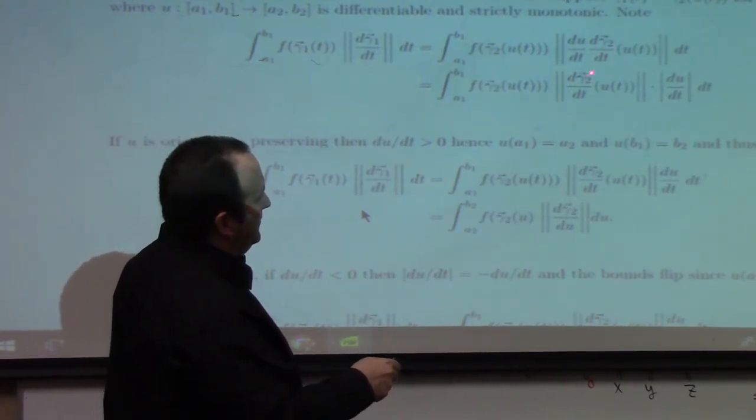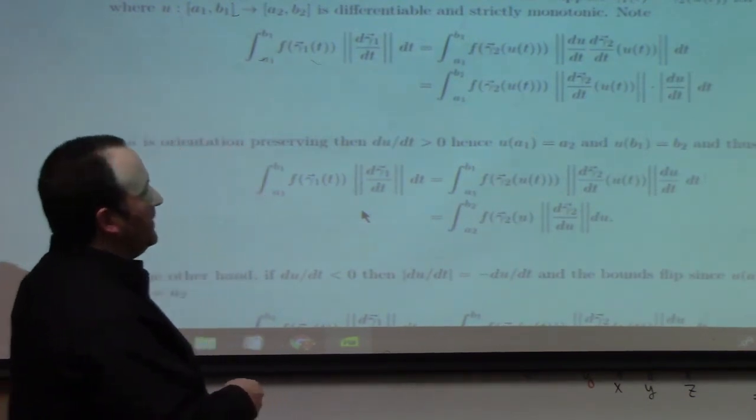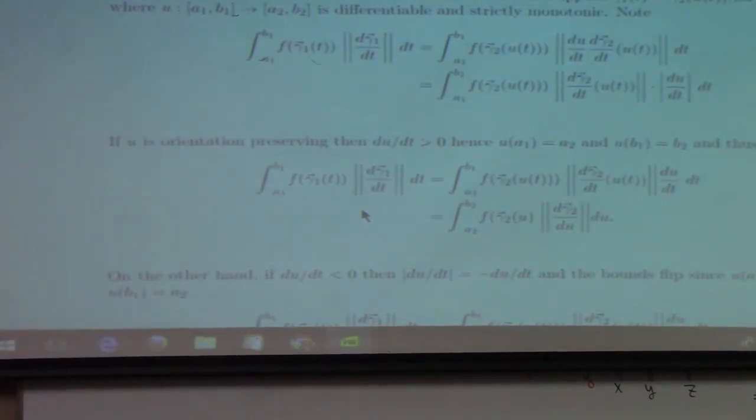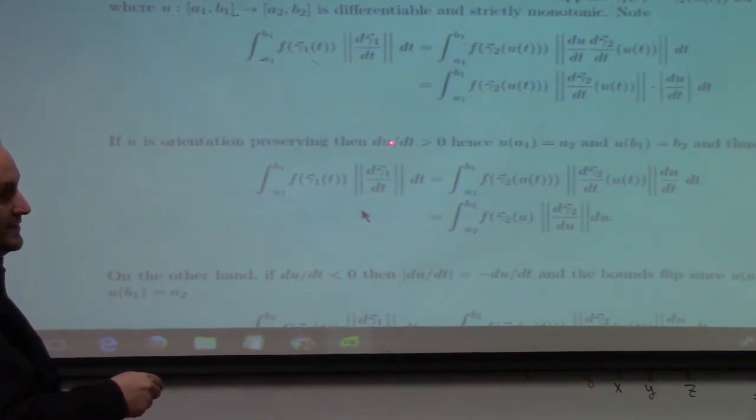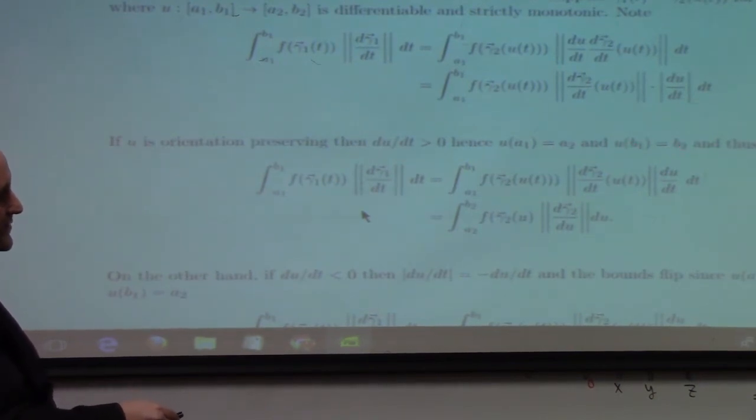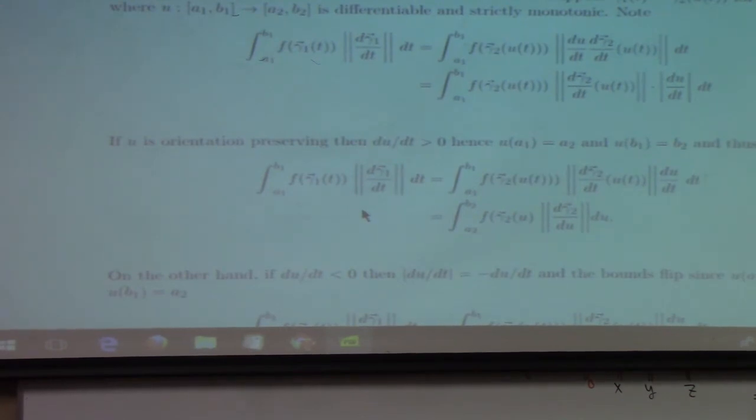By properties of the norm, this pulls out the absolute value of du dt. Now, either du dt is positive or it's negative. If it's positive, then the absolute value of du dt is just du dt. That also means that u of a1 has to be equal to a2 and u of b1 has to be equal to b2, because it has to be an increasing map, so the lower bound goes to the lower bound, the upper bound goes to the upper bound in terms of the integration region.